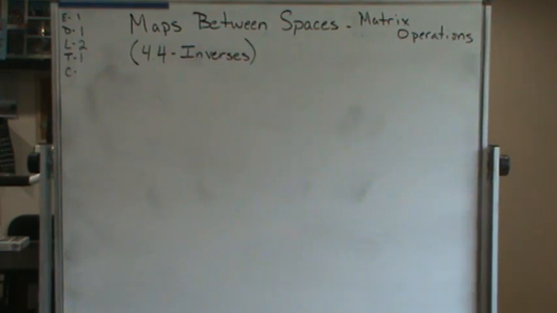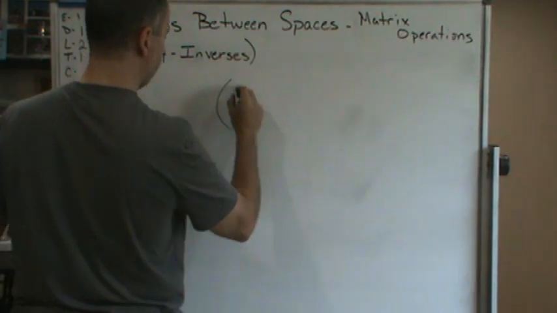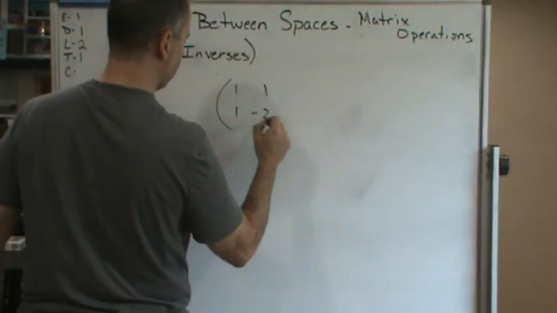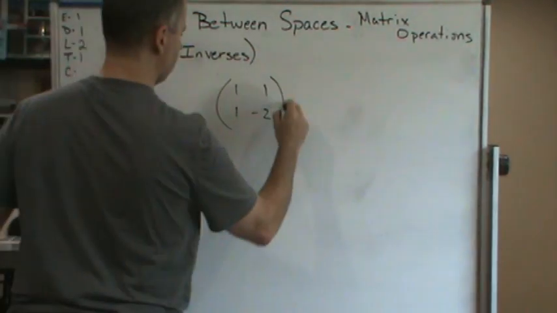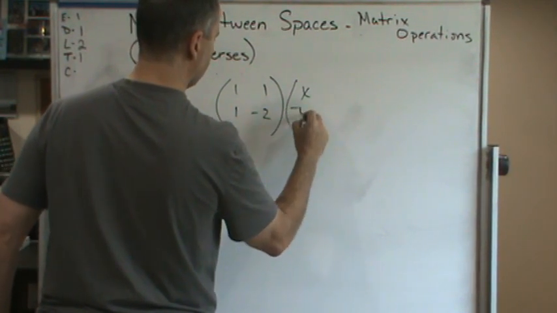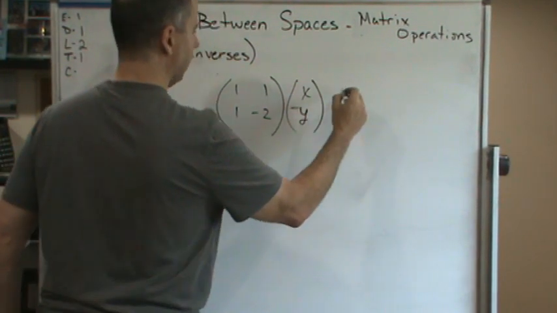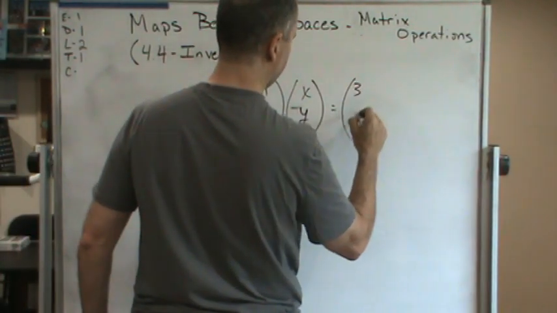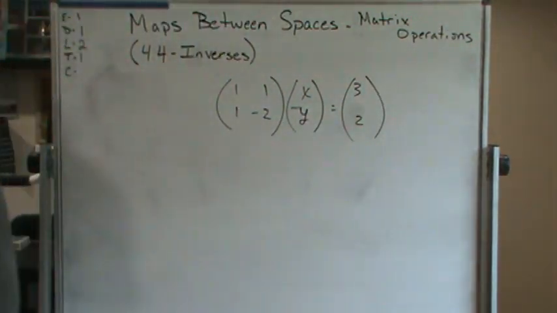For example, let's go back to the original system. I have 1, 1, 1, negative 2 times xy equals 3, 2. That's what we had before.